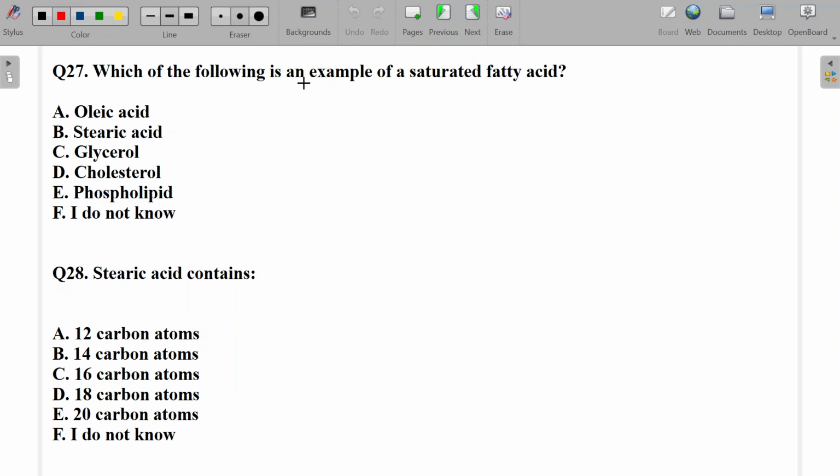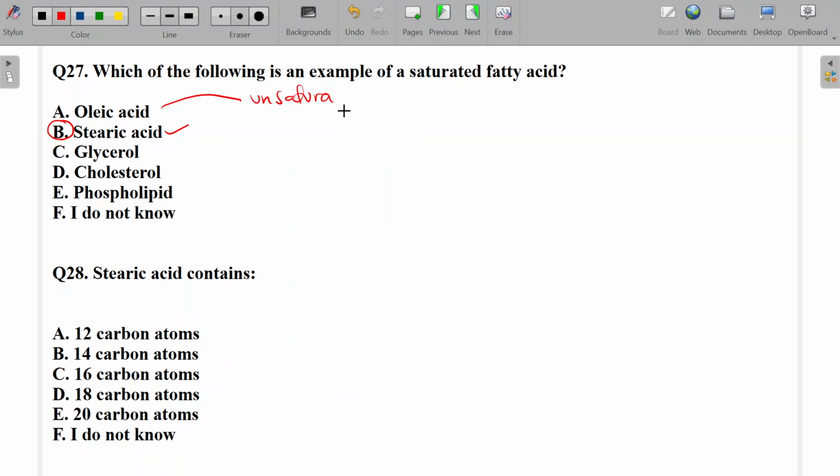Question 27. Which of the following is an example of a saturated fatty acid? A, oleic acid. B, stearic acid. C, glycerol. D, cholesterol. E, phospholipid. F, I do not know. B. So the answer is B. For A, it is unsaturated.